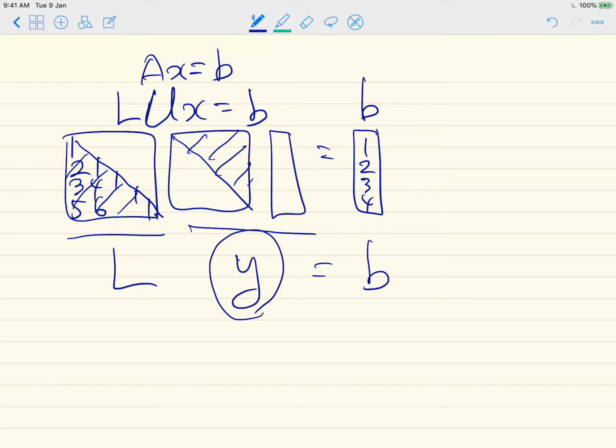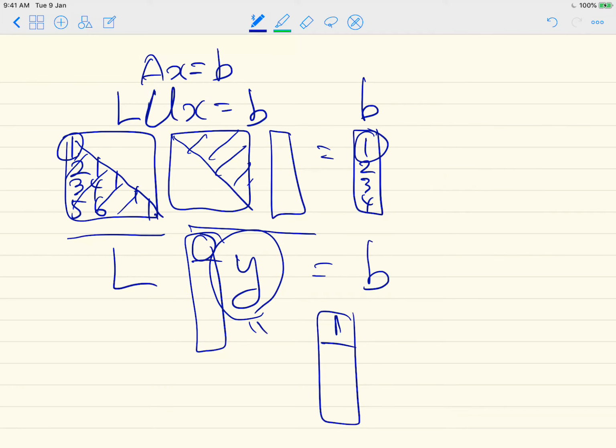We know the first element of y is 1 because we have 1 times the first variable of y, which will be 1, right? And then what about the second one? We just plug this in. In the case of 2, y1 and y2 should sum to 2, but we already know y1 is equal to 1, and so y2 can be obtained as 0 quite easily. So this is forward substitution, right?